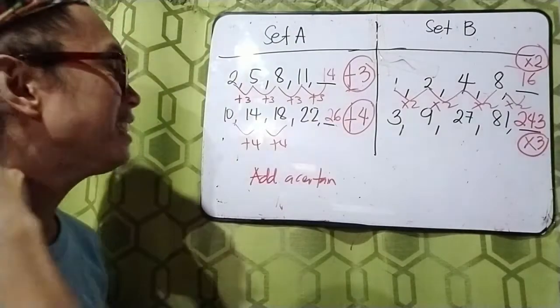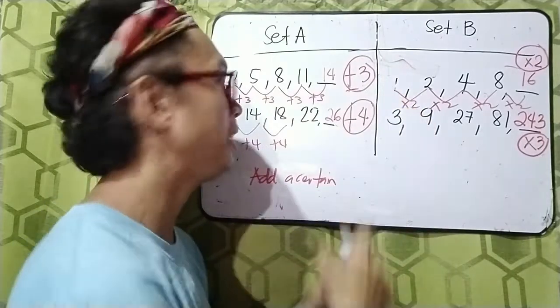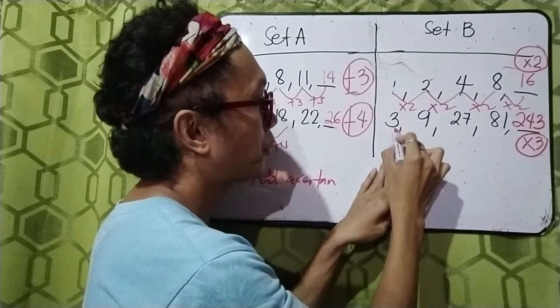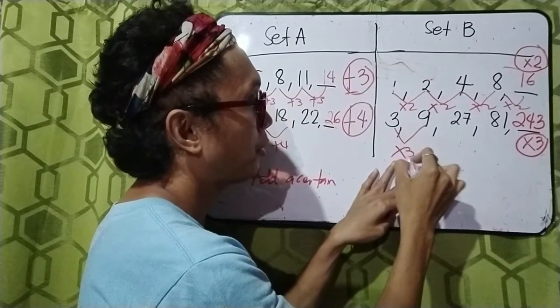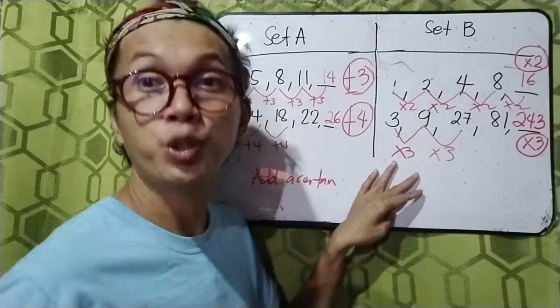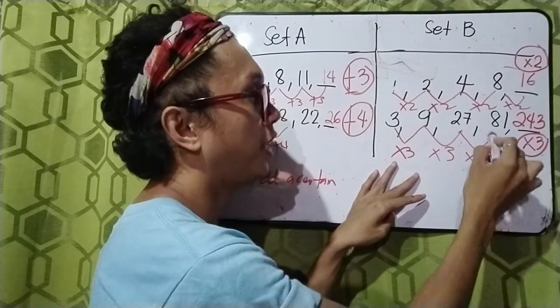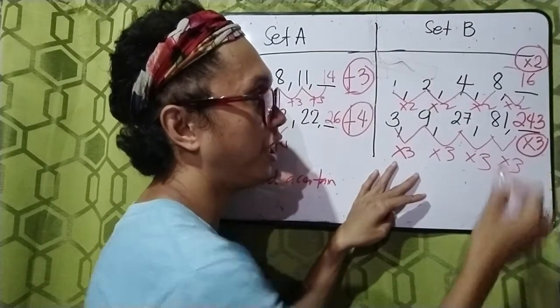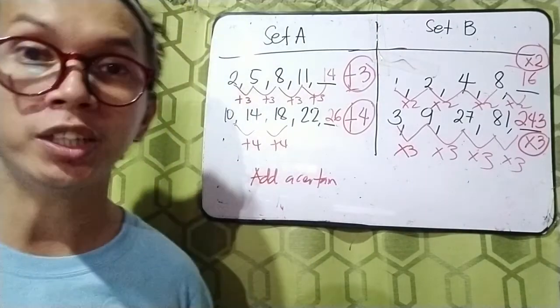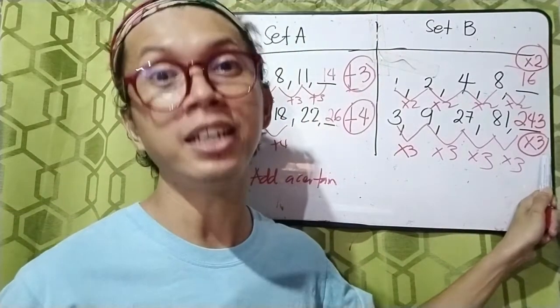So in the second example that we have under set B, we have 3 times 3 is 9. 9 times 3 is 27. 27 times 3 is 81. And then 81 times 3 is 243. So that's why our rule here is by multiplying by 3.